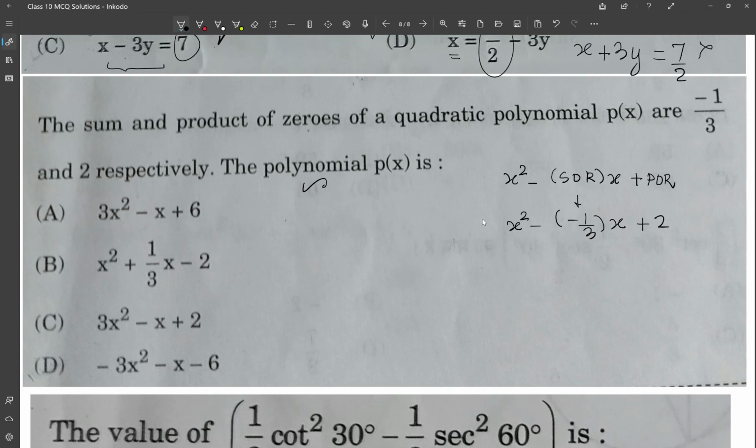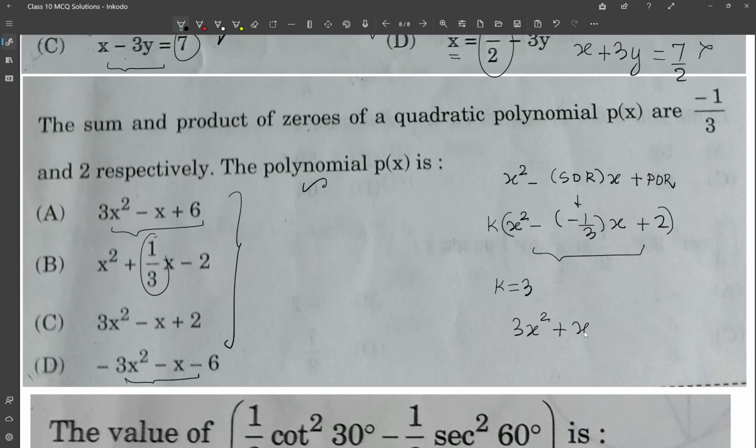Now you have to attach a k in front of it because there are multiple polynomials possible depending on the k value. In order to make the coefficients all whole numbers, what I can do is multiply the whole polynomial with 3 so that it becomes 3x square plus x plus 6.